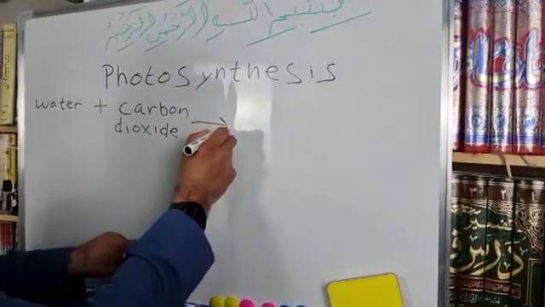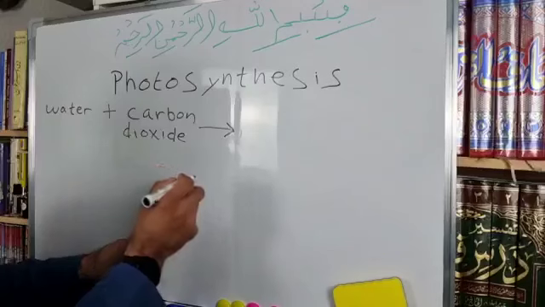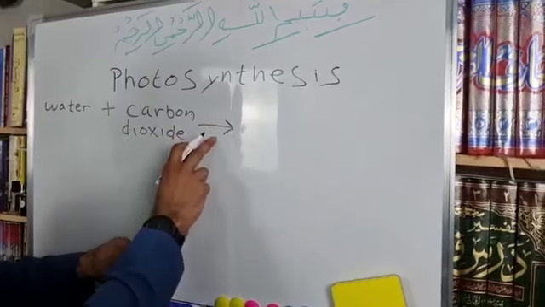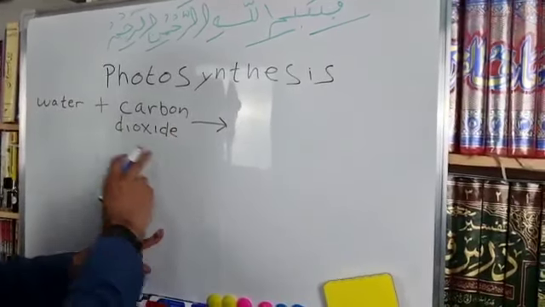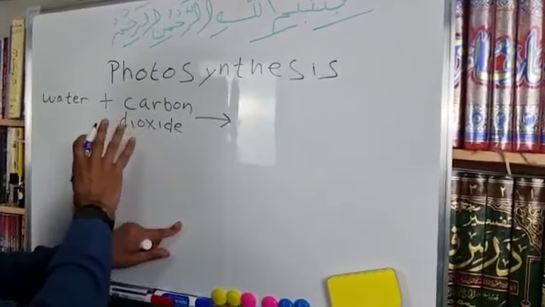Now, in scientific equations, whether they are word equations or symbol equations, you always use an arrow. We do not use an equal sign. So carbon dioxide and water, on the left, are the reactants.